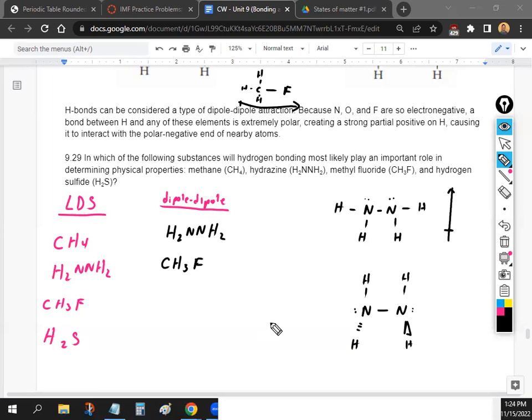Let's draw it. We've got sulfur in the middle, hydrogens on the outside, bonded. Sulfur gives you 6 valence electrons, hydrogen gives you 2, total 8. So 2, 4, 6, 8. So is one side going to be more polar? Yes, it will, because remember, three-dimensional.